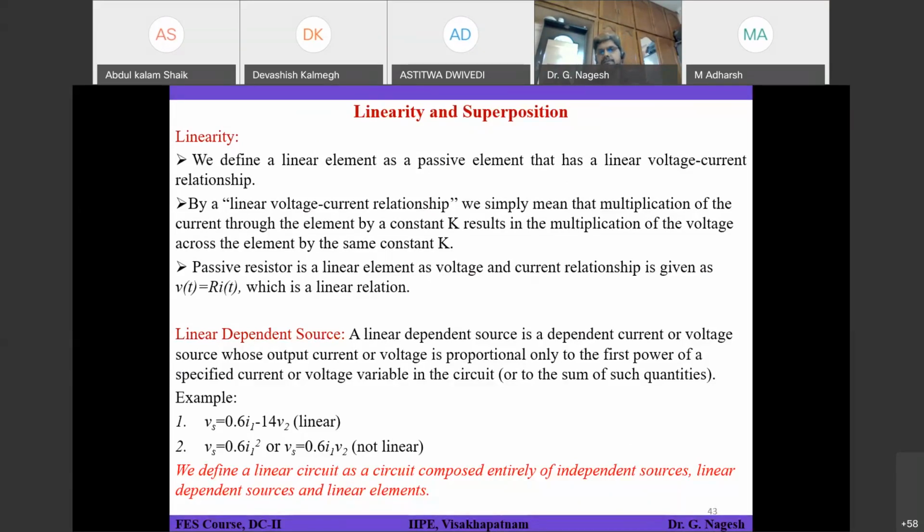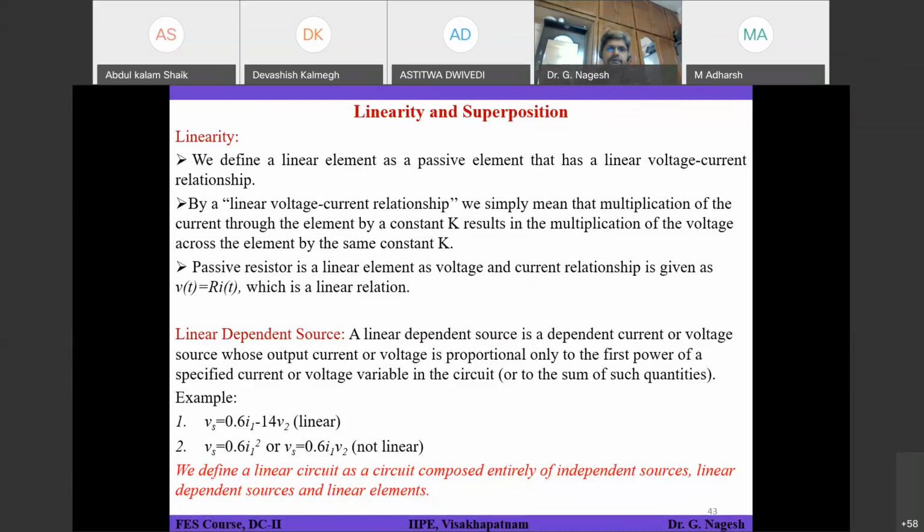So you measure the voltage across the element and the current flowing through the element. If you keep on increasing the voltage, the current also increases in a linear fashion, then we will call it a linear element.